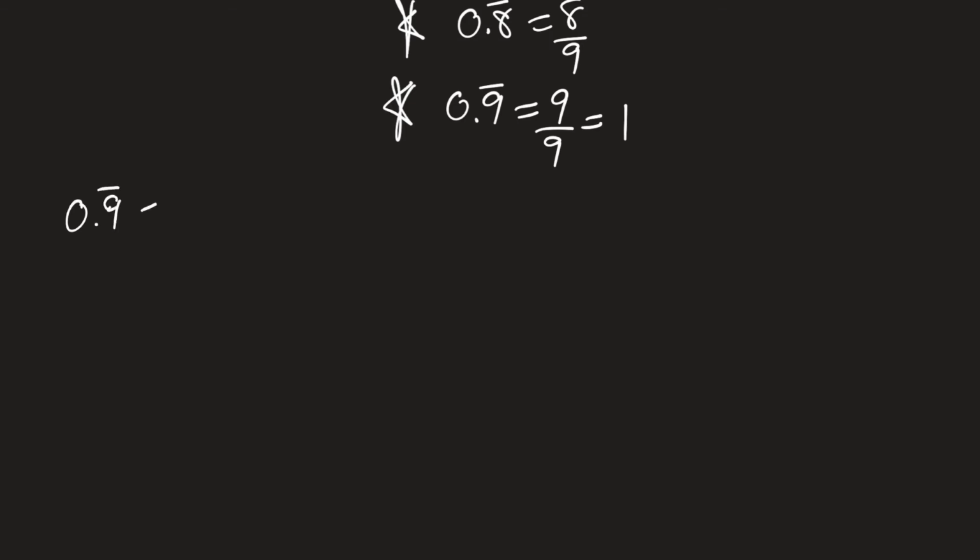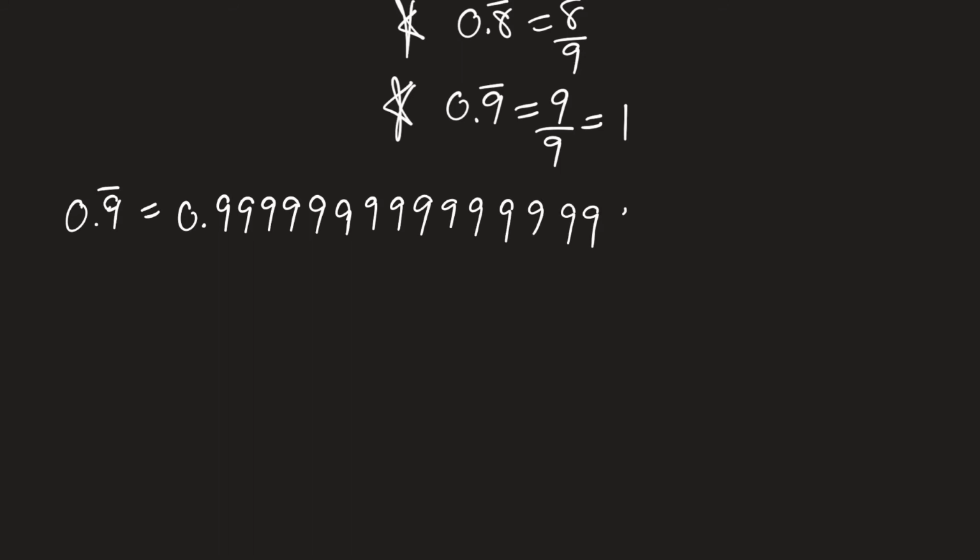What that means is 0.99999, all of these nines, forever. It just keeps on going. It never ends. That's equal to 1. Isn't that weird? I absolutely love it.